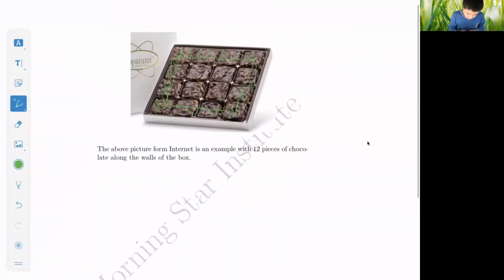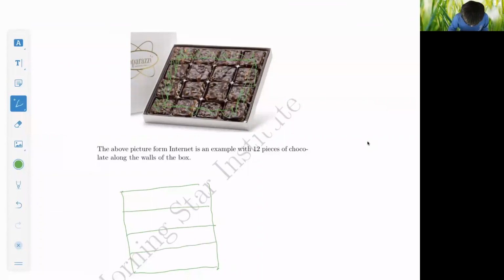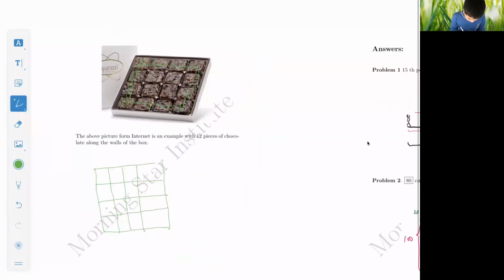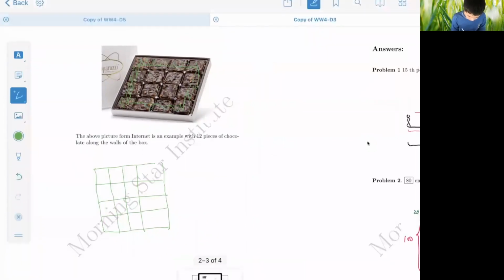We can first try a 4 by 4 box. In this box of chocolate, Nick will eat along the walls of the box.